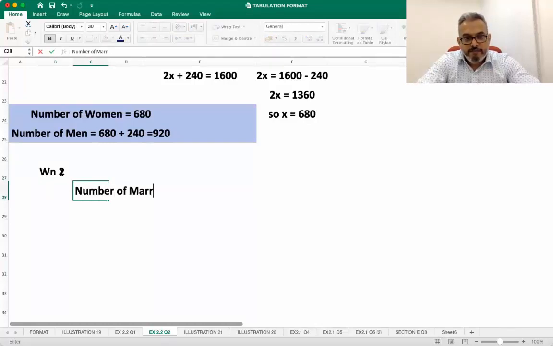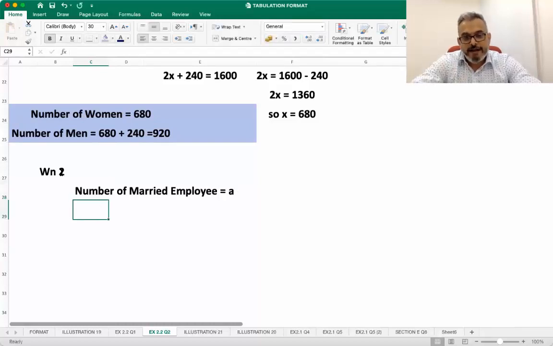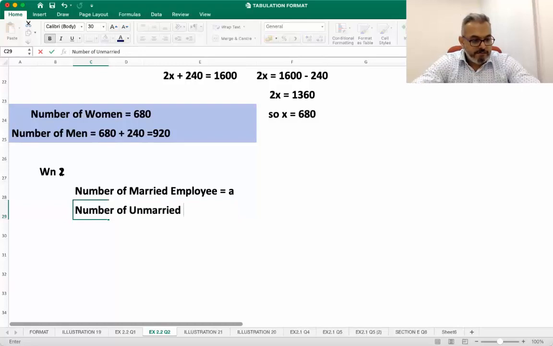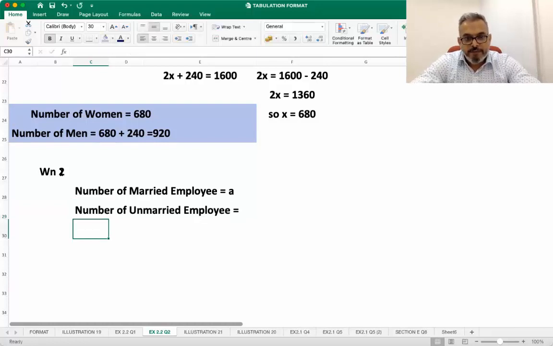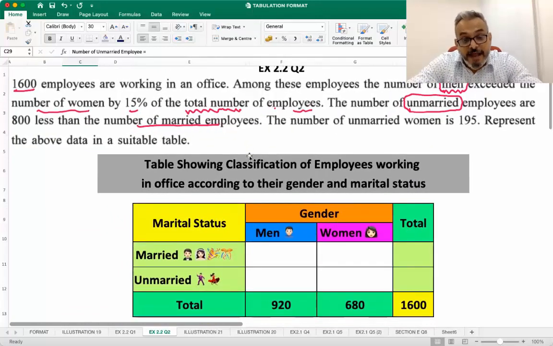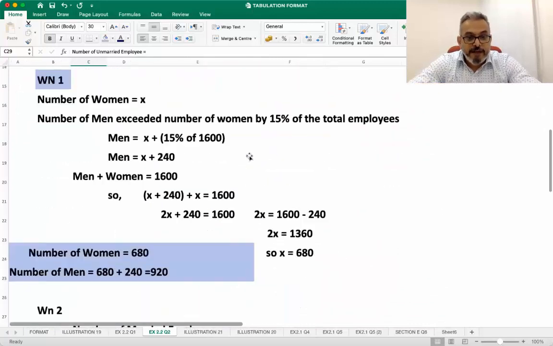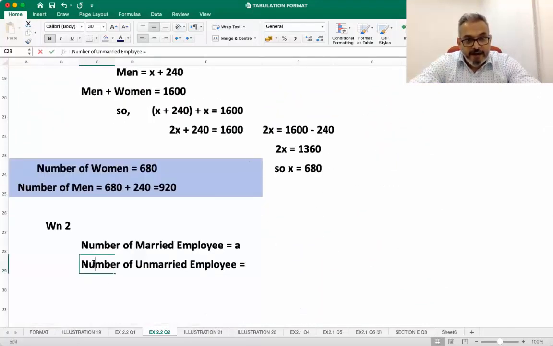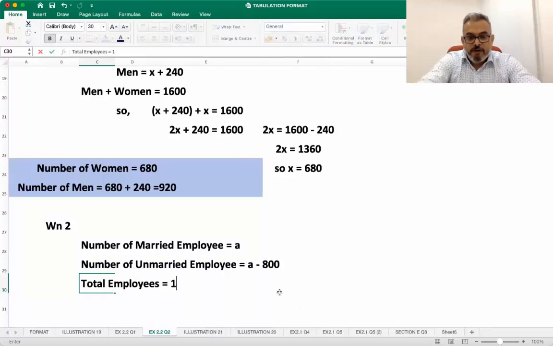Number of married employees we assume as A, because X is already taken, so let's take A. Number of unmarried employees, now pay attention, is 800 less than the number of married employees. So if married employees is A, then number of unmarried employees is A minus 800. Total employees is equal to 1600.